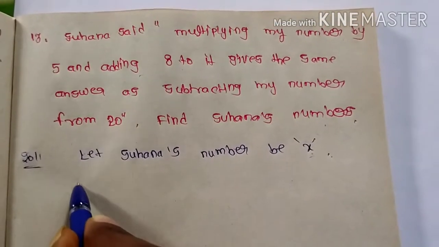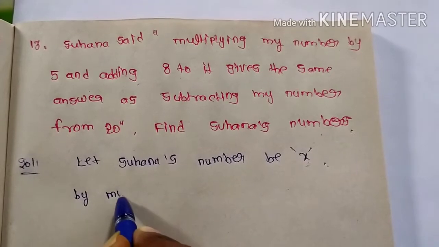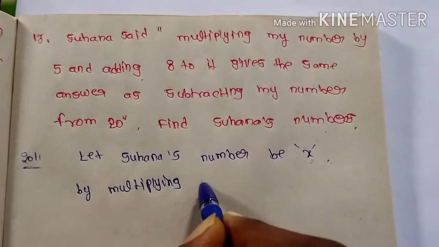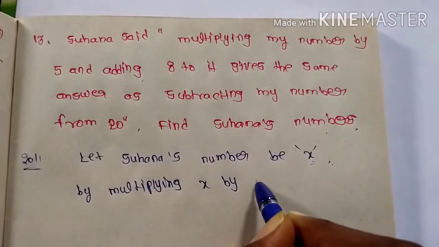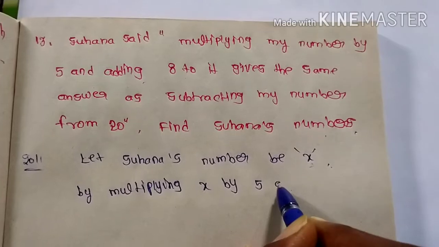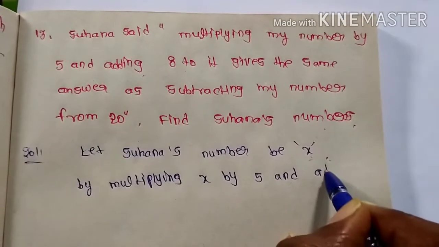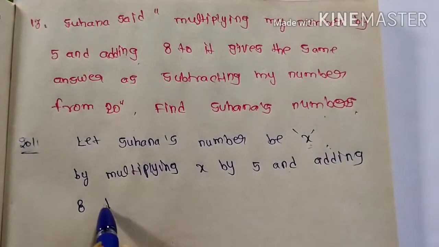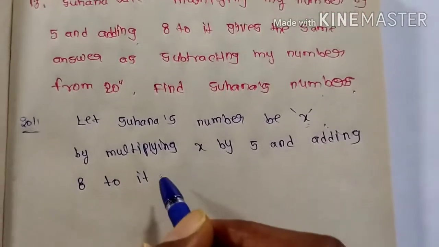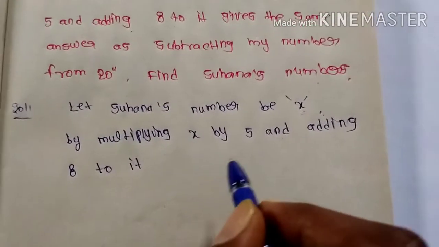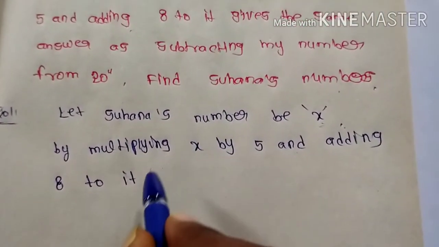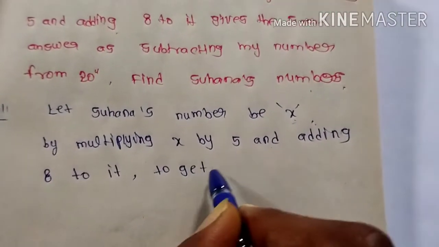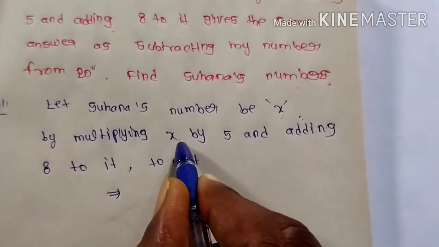By multiplying x by 5 and adding 8 to it, you just need to multiply x with 5.